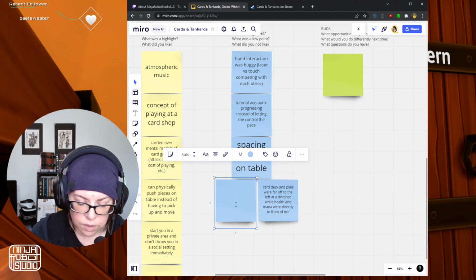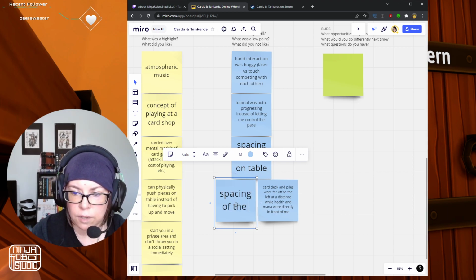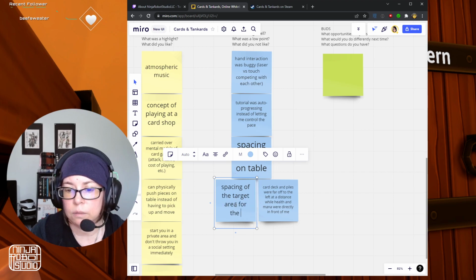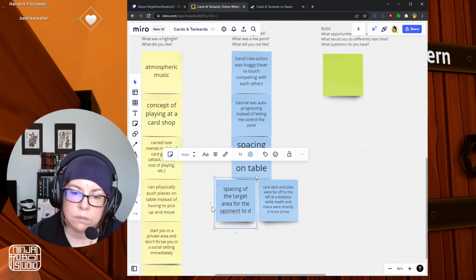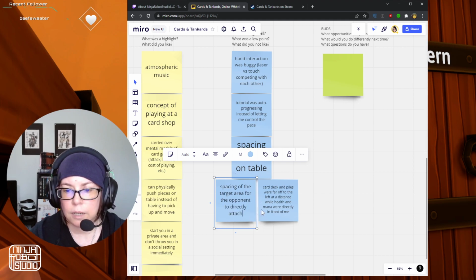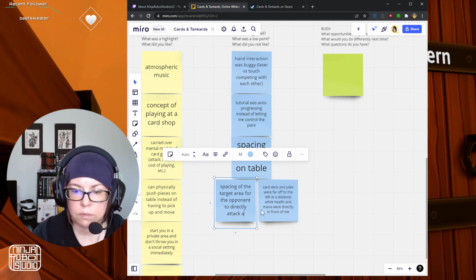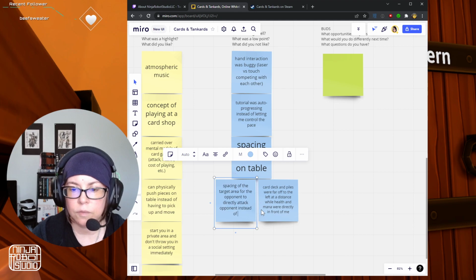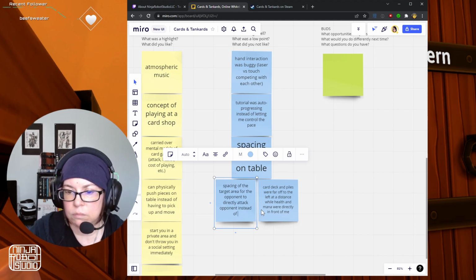It was hard. So the spacing of the target area for the opponent to directly attack the opponent, instead of the, what were those called?